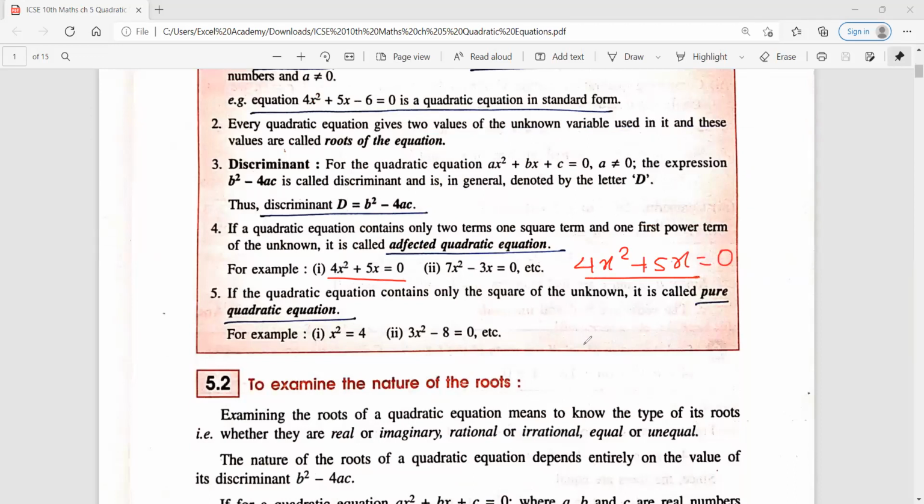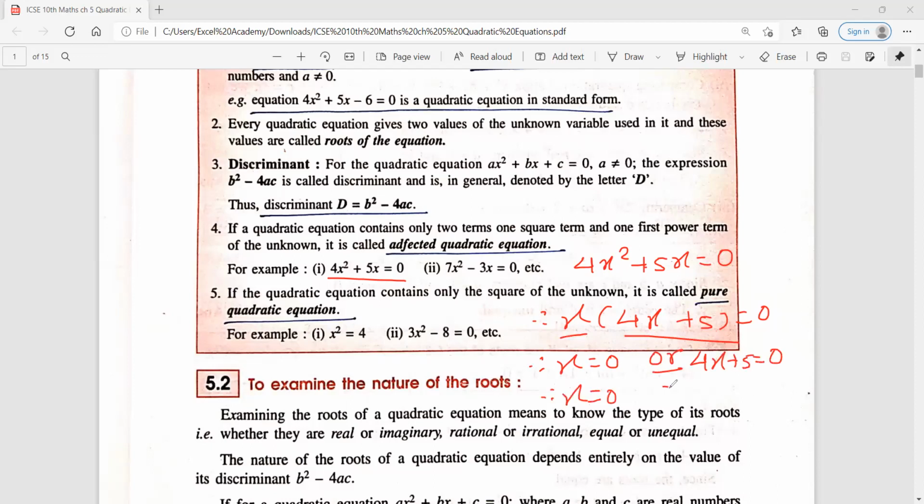Can I take x common from both of these? Yes. So you will take x common from this. You will get x into 4x plus 5 is equal to 0. So either x is 0 or 4x plus 5 is 0. बराबर. So you will say x is 0 or 4x plus 5 is equal to 0. So you get x is equal to 0 or x is equal to minus 5 upon 4.